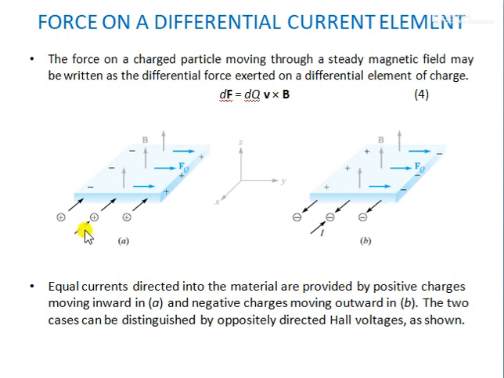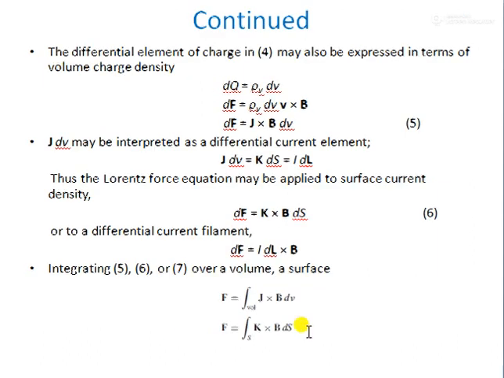So we have, in figure A, equal currents directed into the material provided by positive charges moving inwards. So this is a semiconductor material where equal currents directed into the material are provided by positive charges moving inwards in A and negative charges moving outwards in B. The two cases can be distinguished by the oppositely directed Hall voltage as shown.